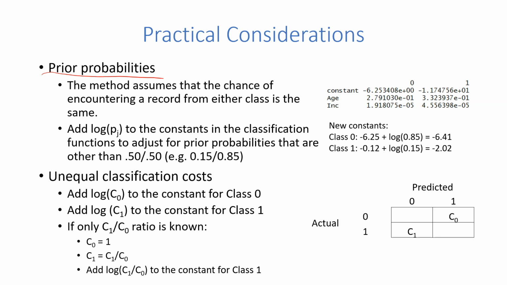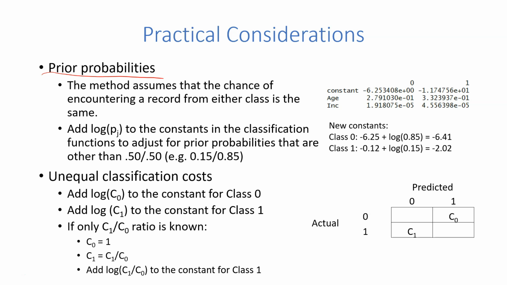For example, in our case, the method would assume that the chance of a bank customer responding to the home equity line of credit is 0.5, and the same chance for not responding to the offer. Suppose that, from experience, the bank manager knows that only 15% of the bank customers would respond to a home equity line of credit offer, and the rest 85% would not.